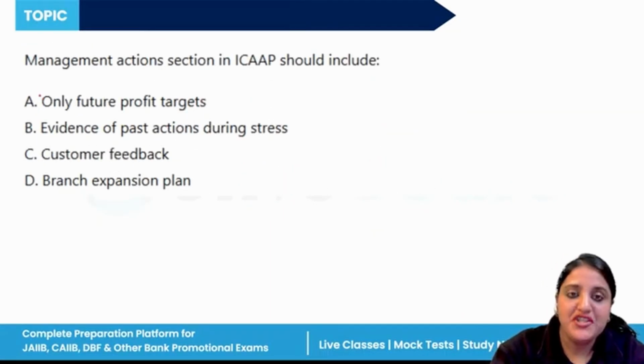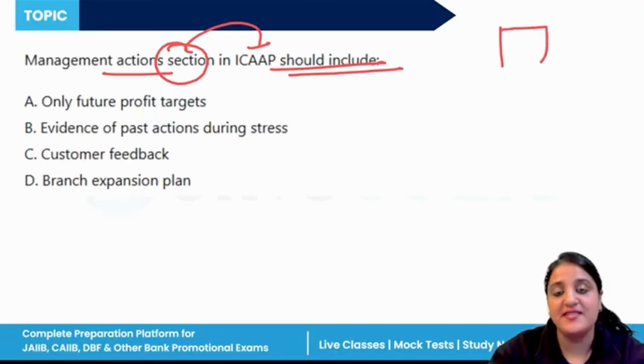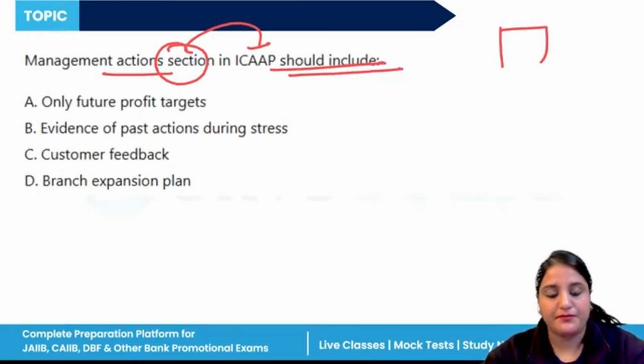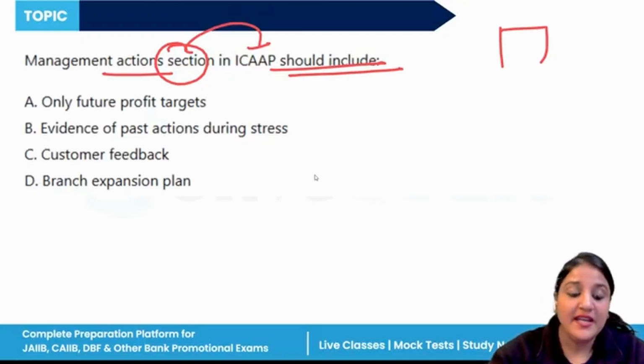Now, what should the management action section in ICAP include? See, during a crisis situation, management may raise fresh capital, maybe reduce lending, cut the dividend and sell the risky assets.